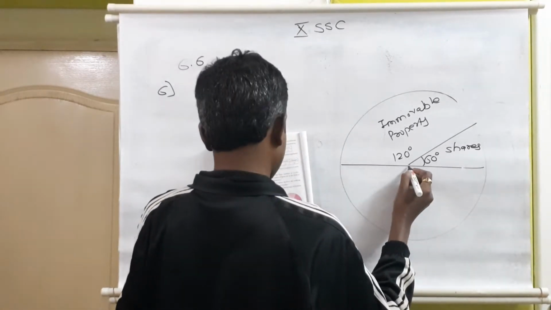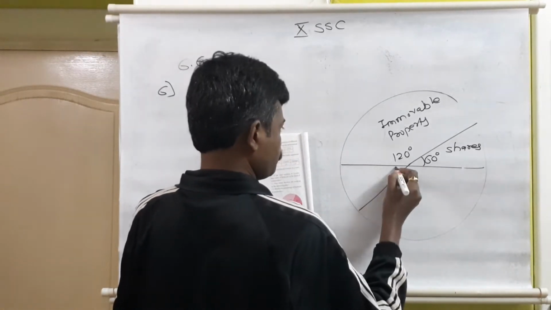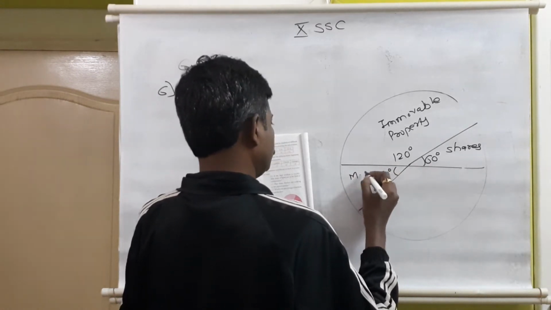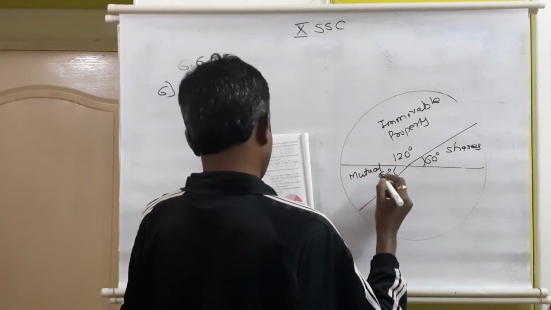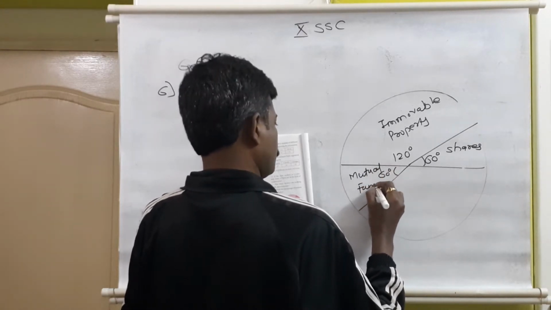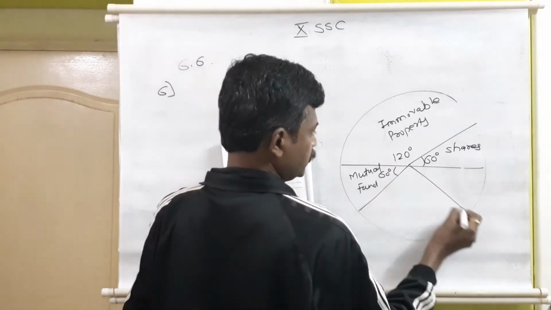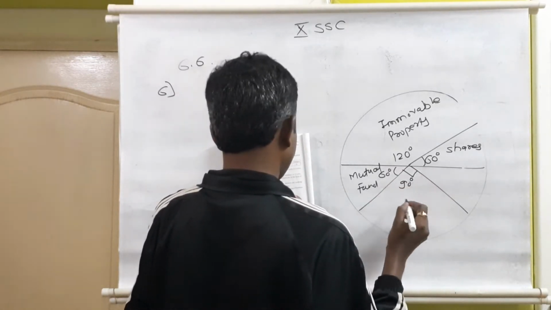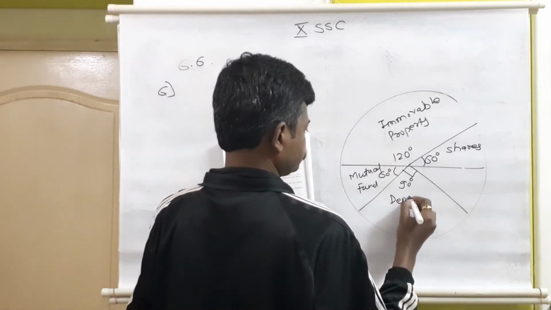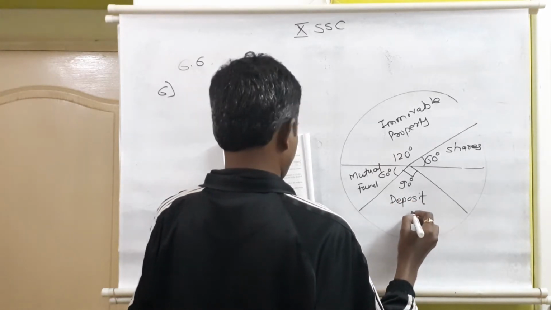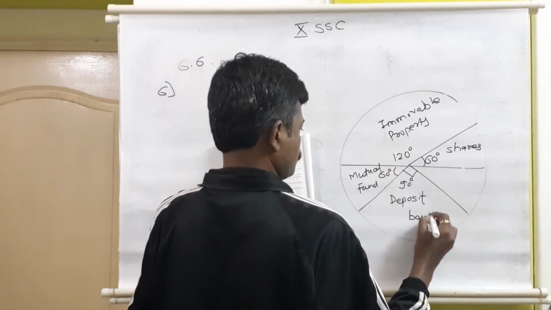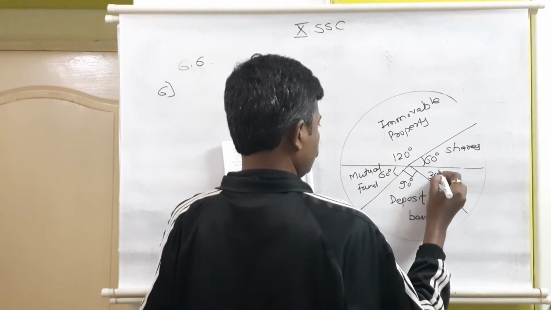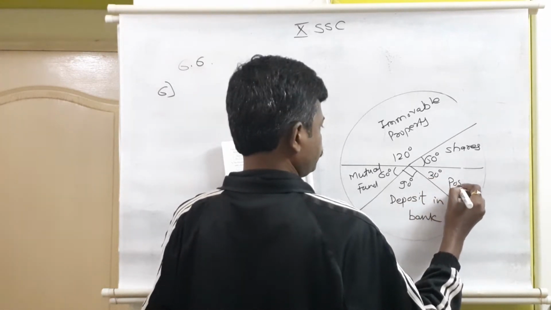Next, 60 degrees. This is also 60 degrees, it is for mutual fund. Then 90 degrees, this one is for deposit in bank. And the remaining 30 degrees, this is for post office.